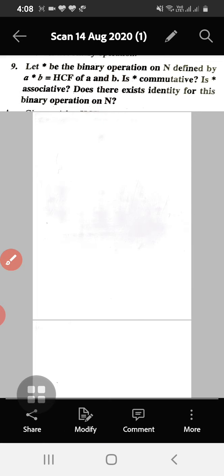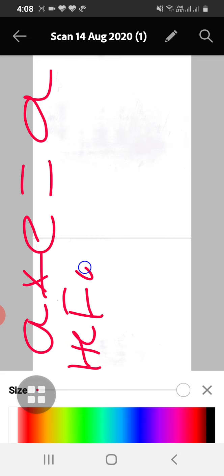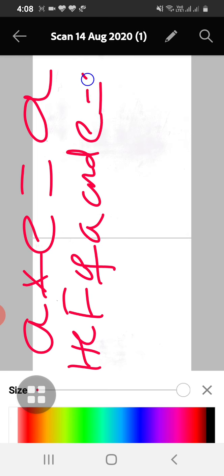So we have to find out the identity element. The definition of identity element is A star E should be equal to A. Listen carefully. Here A star E means HCF of A and E should be equal to A.